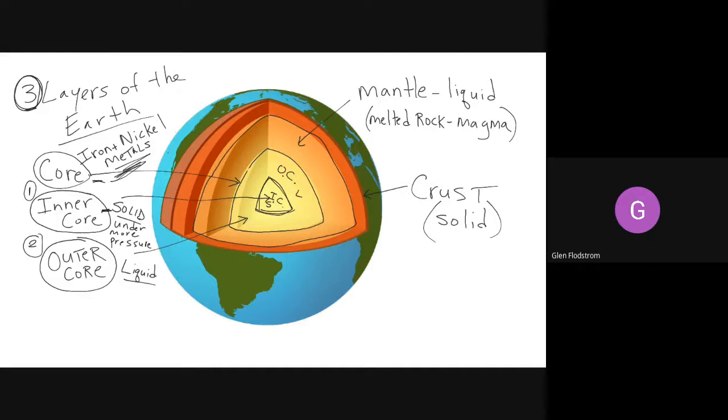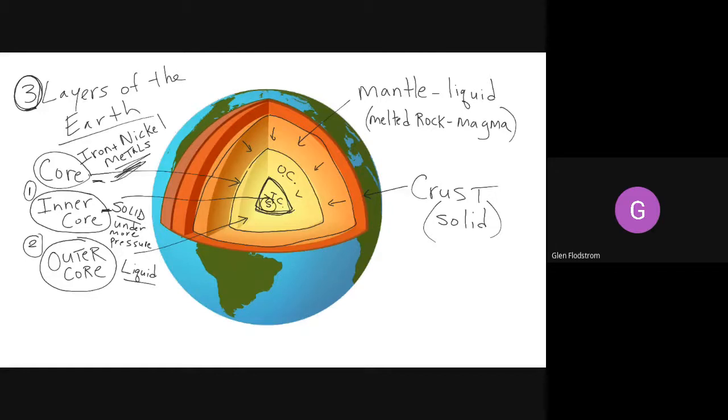Now, why the difference? Well, in the inner core there's a lot of pressure, because you have to remember gravity is an inward force, and you also have all this mass compacted down into this area. So this is under great pressure, so this is a solid.